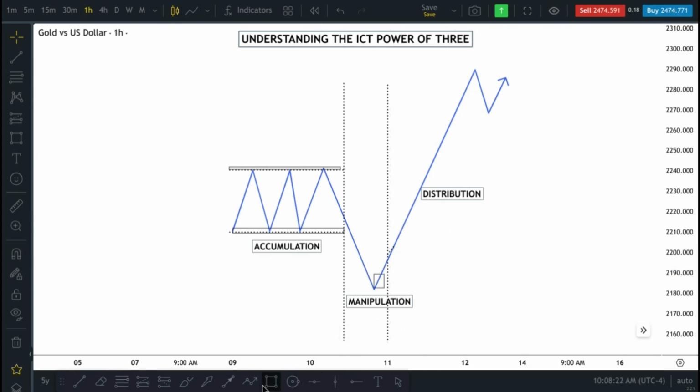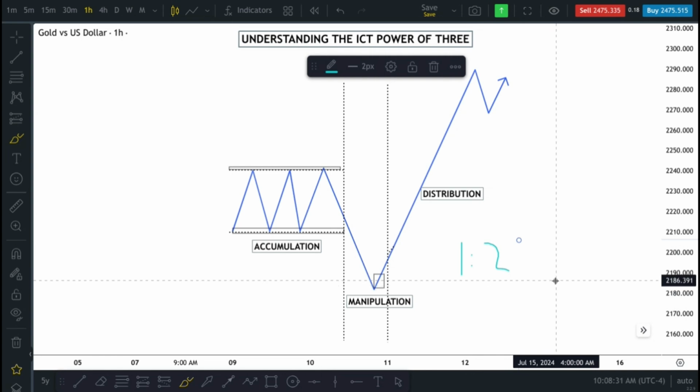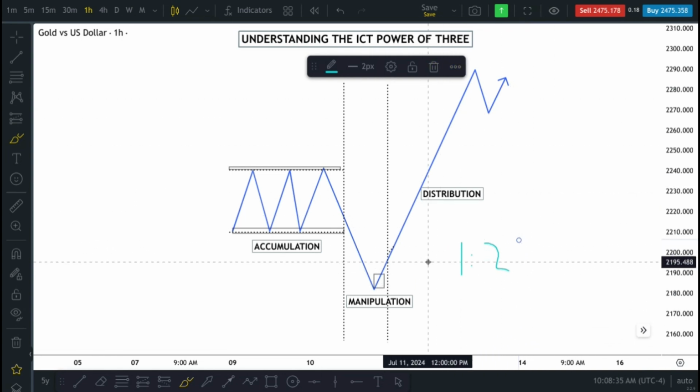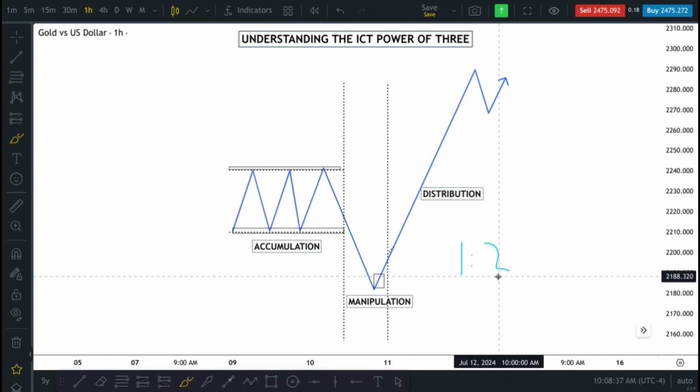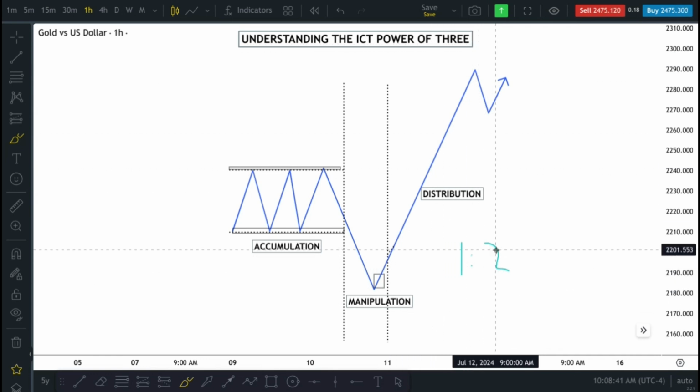Normally, a risk to reward ratio of 1:2 is ideal. Okay, 1:2 or 1:3 at most. If you want to go more than that, I think that will be unrealistic. Okay, because you need to put realistic risk to reward.